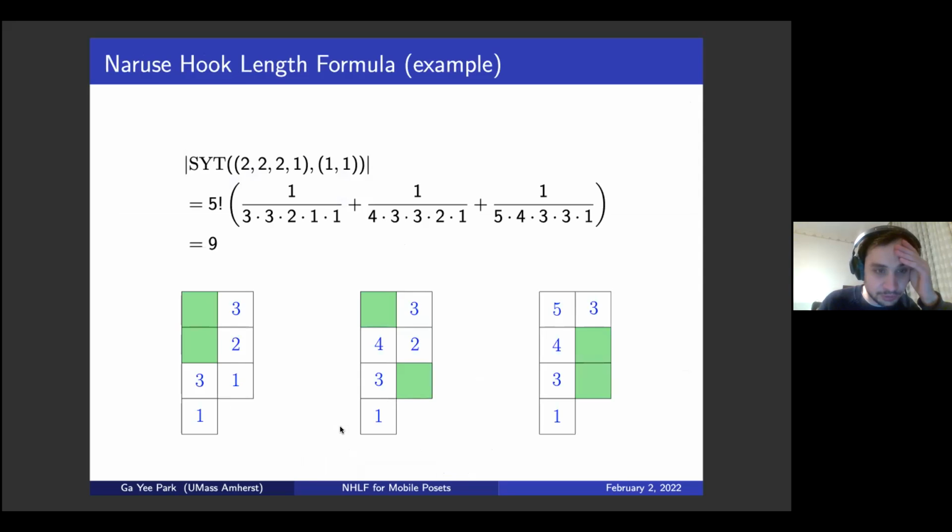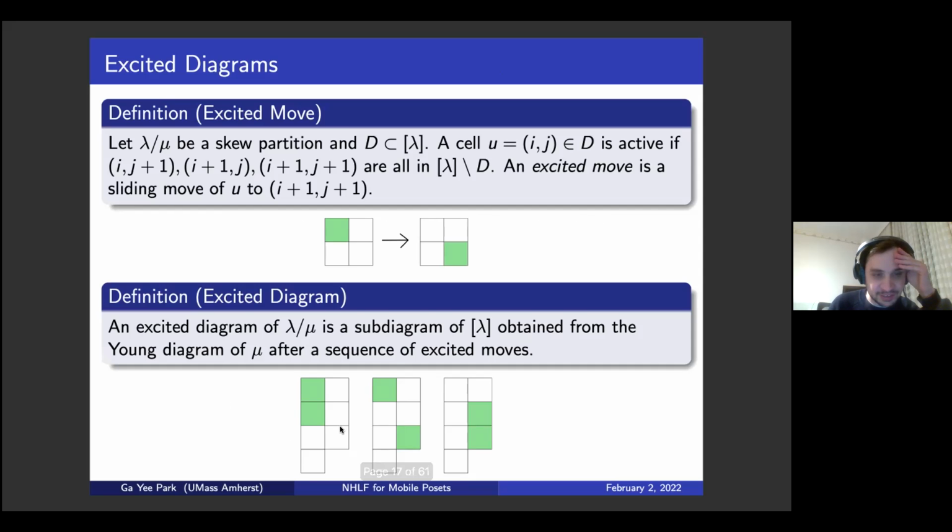I have a question. So you said the excited diagram is now just the colored boxes. I thought first it's the white diagrams. So the white part does not need to be a skew shape. Is that correct? The original white part would need to be a skew shape. So we start off like this.